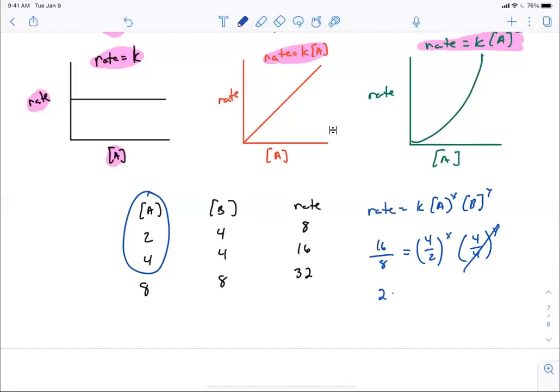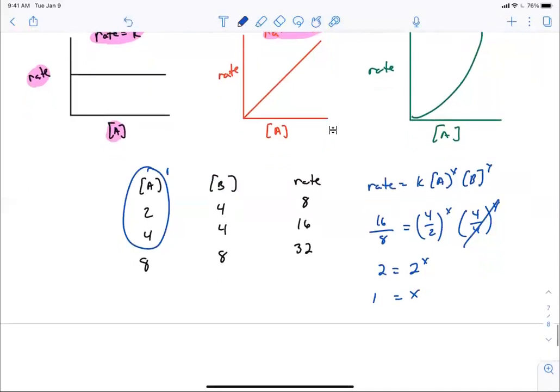So then this becomes 2 is equal to 2 to the X. So then X equals 1. So A's impact on the rate is first order.